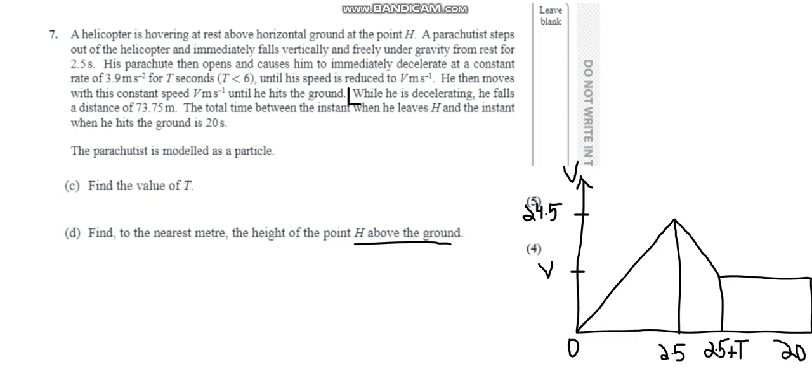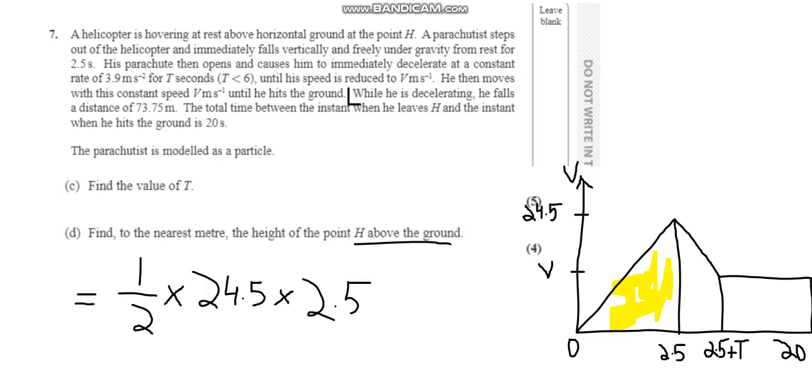So I'll find the area of the triangle first. The formula is half into b into h, where b is 2.5, that's the time, and h is 24.5.